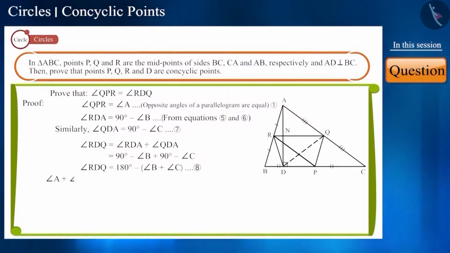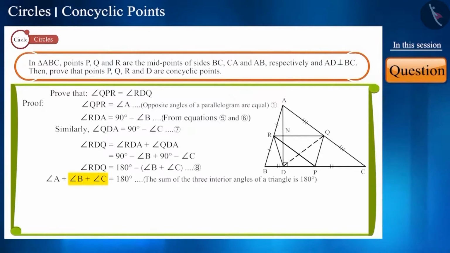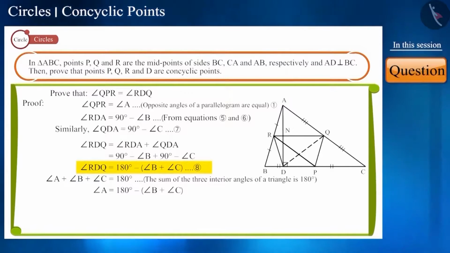Friends, we know that the sum of the three interior angles of a triangle is 180 degrees. So, if from 180 degrees the sum of the measures of these two angles is subtracted, then angle A is obtained. So in equation 8, we can write it as angle A.